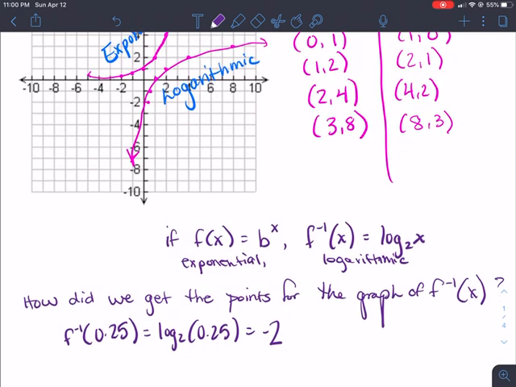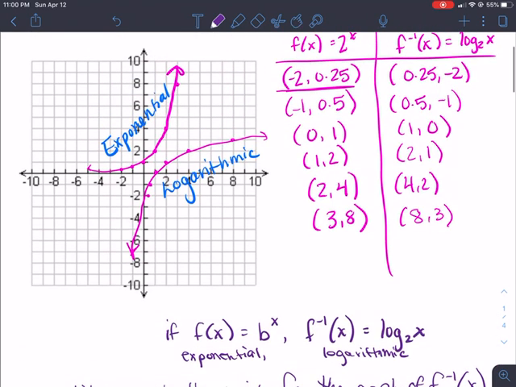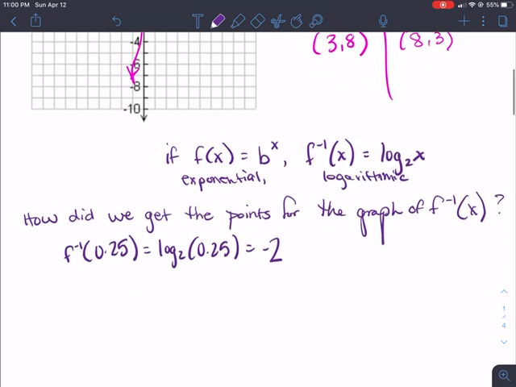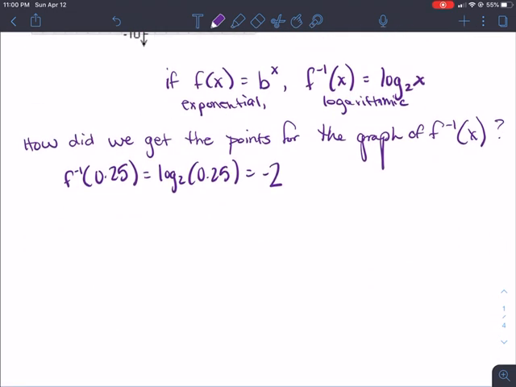So how did we get the points for the graph of f to the inverse? Okay, so they plugged in 0.25. They plugged in the x value into the log function. Okay, so they did on their calculator log base 2 of 0.25 equals negative 2. The inverse of 0.5 equals log base 2 of 0.5, which gives you negative 1.